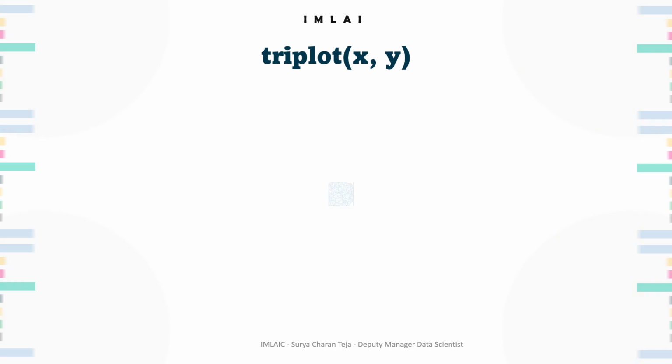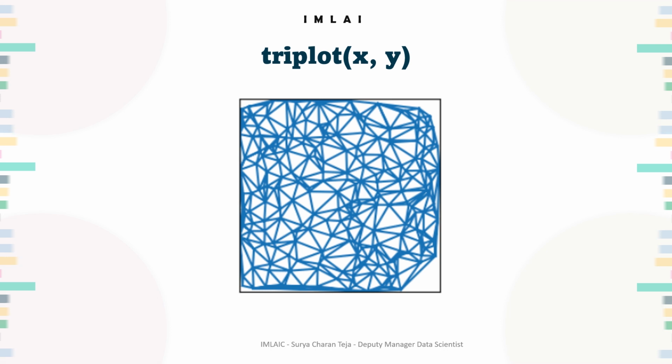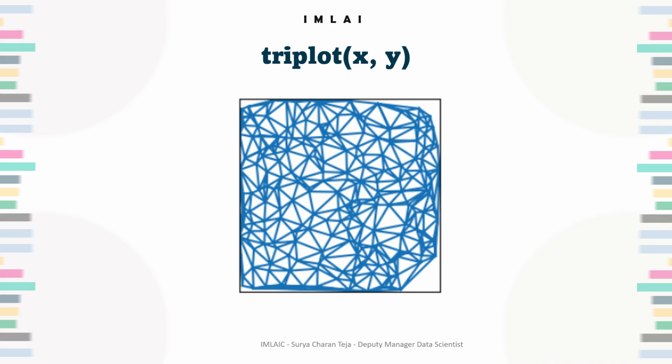As we have discussed earlier, a triangulation to plot can be specified in one of two ways. Either you mention the triangulation argument as part of the function, or you specifically use a triangulation object. You can define that triangulation object specifically. Anyway, let's take one example so that it would be much clearer for you.